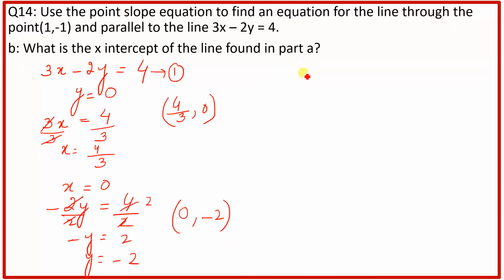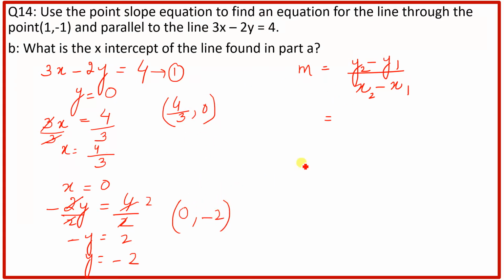This is the second solution set. Now we are going to use the point slope equation, which is m equal to y2 minus y1 divided by x2 minus x1, because we have two solution sets.